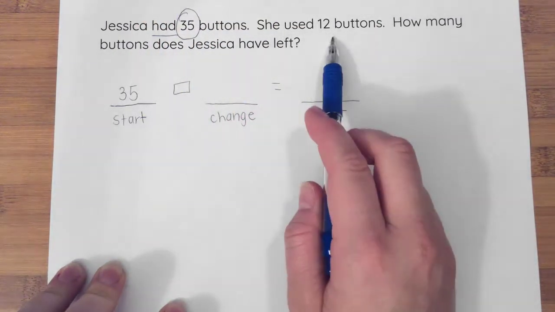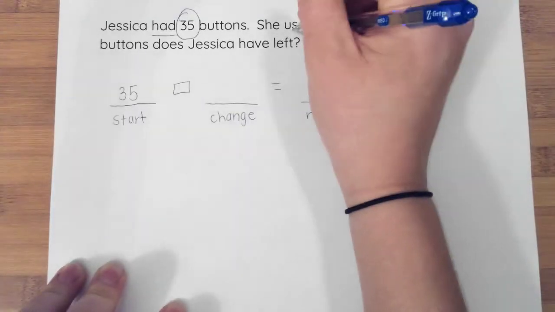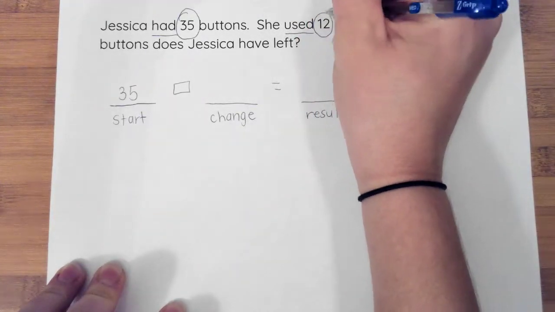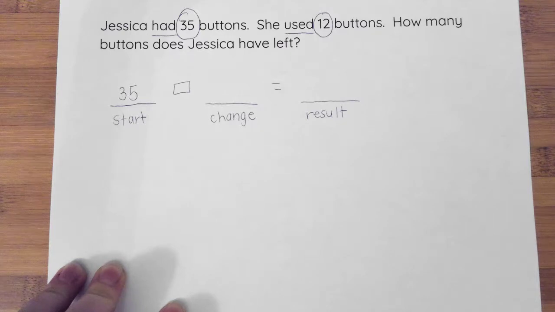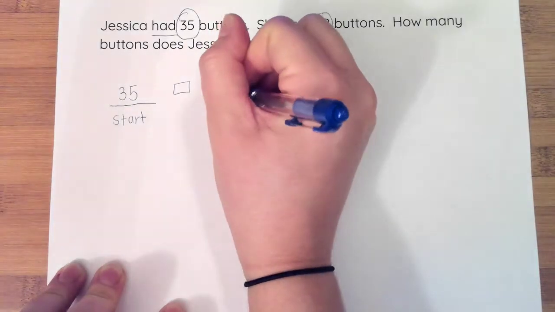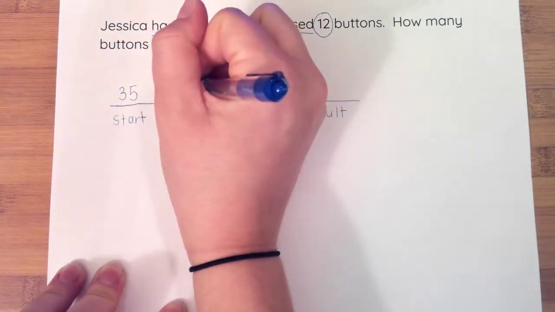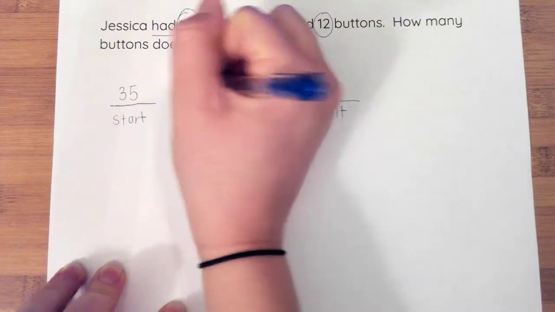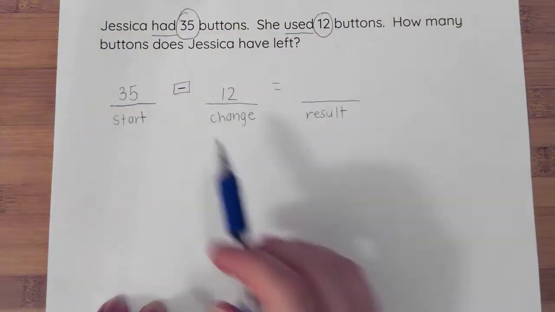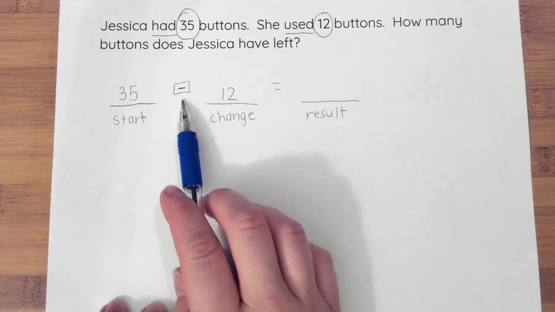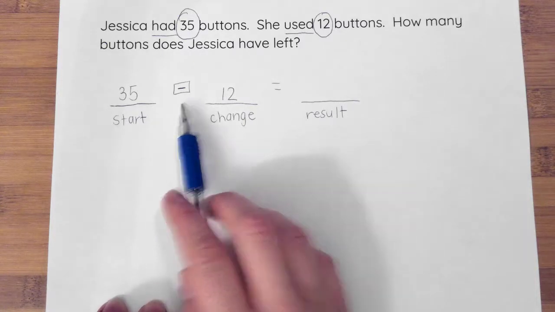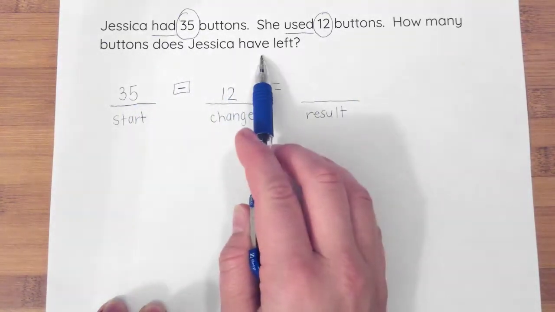She used 12 buttons. So if she uses 12 buttons, I'm thinking she no longer has those buttons. So I think she's going to take away. So I'm going to put a subtraction problem here for what my operation is. My operation is subtraction.